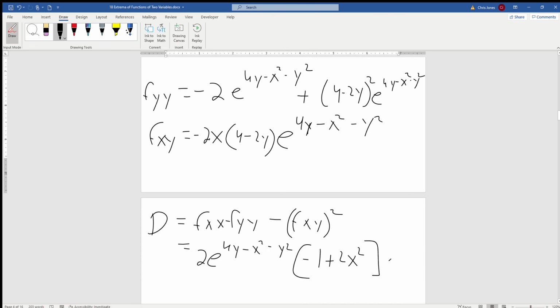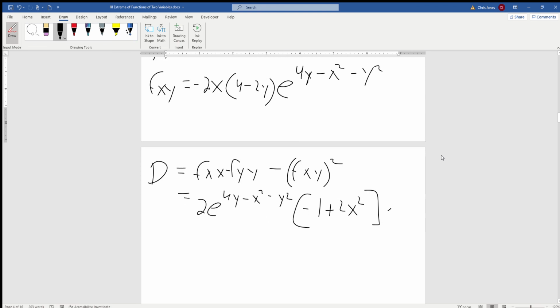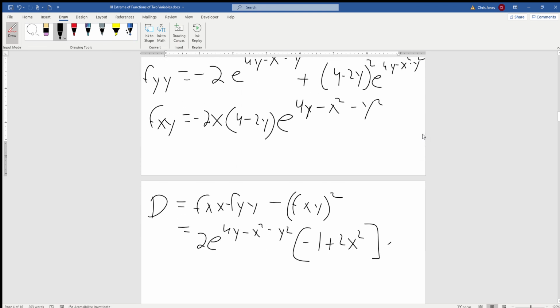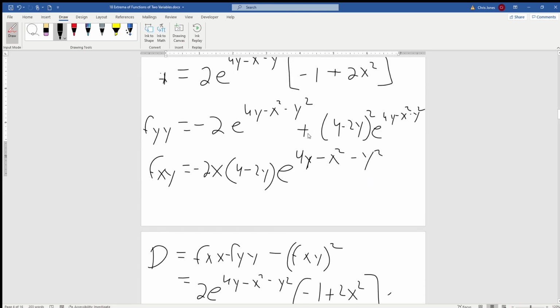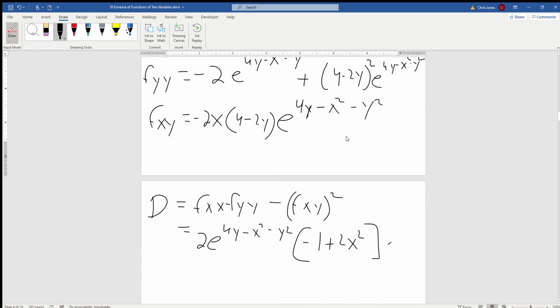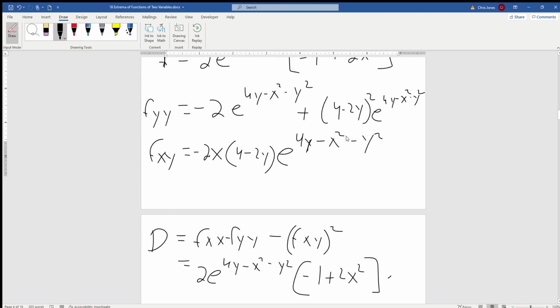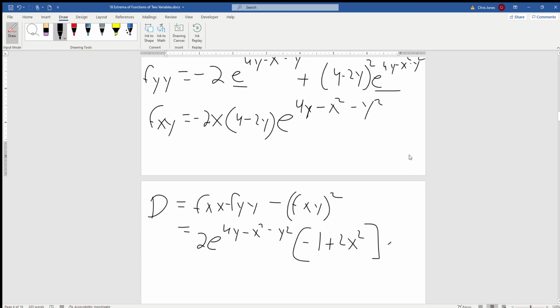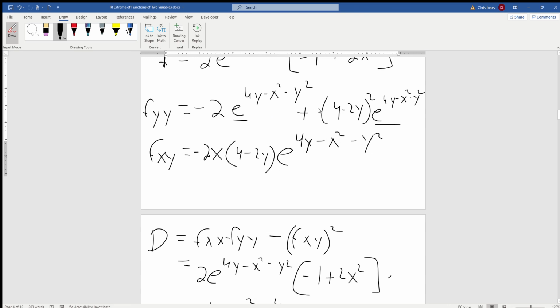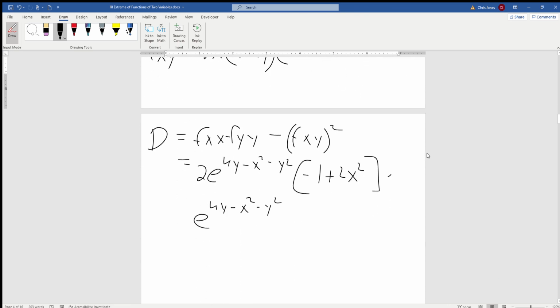We're going to multiply that by fyy, which we found to be this. We should have factored out that e. So if we factor out the e from this term, I just didn't do it in that previous step, that's going to be just an e to the 4y minus x squared minus y squared, and that's going to leave negative 2 plus (4 minus 2y) squared.